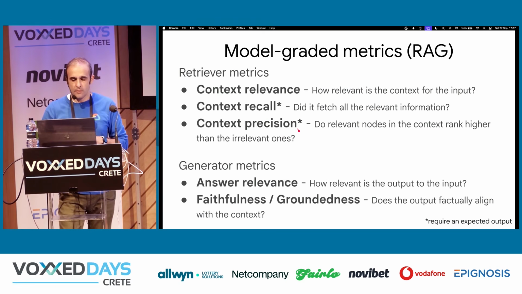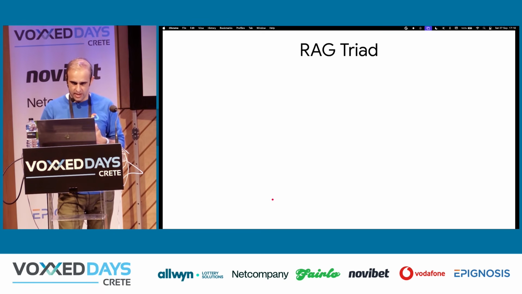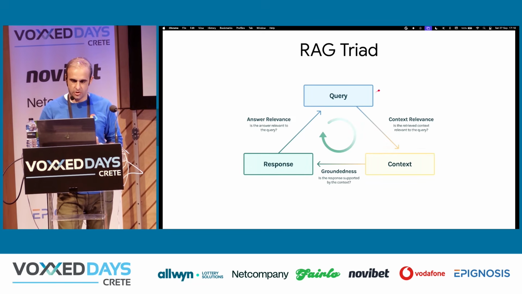As you see, the recall and precision, they require an expected output, meaning you need reference data to be able to measure them. And because of that, people tend to ignore them. So they actually don't measure them, and instead they measure context relevance, answer relevance, and faithfulness, because it's easier. You don't need reference data. So there's something called RAG triad that measures context relevance, groundedness, and answer relevance.